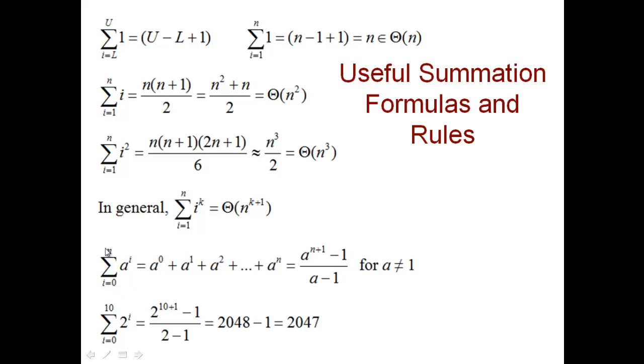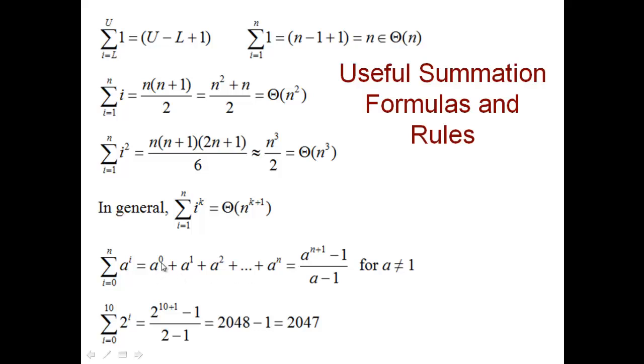So sigma I equals 0 to n, and note that it starts from 0 instead of 1, a raised to I. What's the formula for this? Let us substitute the different values of I. If I is 0, it becomes a raised to 0, plus a raised to 1, plus a squared, up to a raised to n. So there's a formula for this.